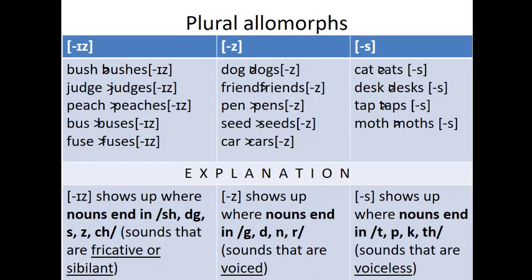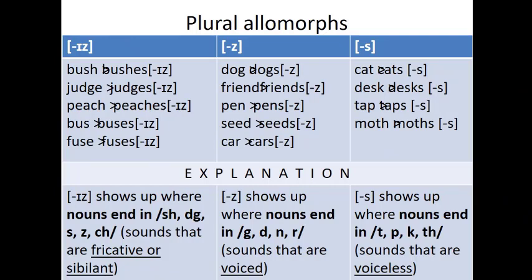It could be any word that ends with these fricatives; they would all assume these allomorphs in the plural. You see this allomorph in the plural. So you have to provide this as your reasoning.